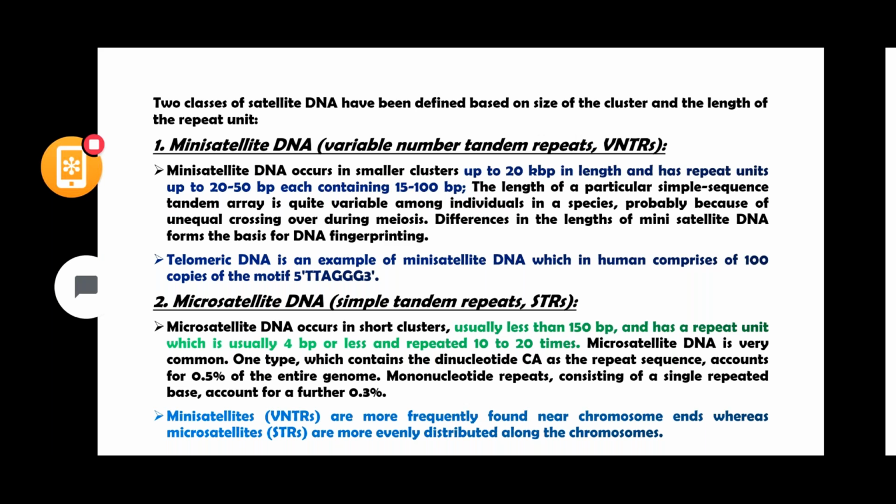So it is much smaller than the satellite DNA, and because of this reason, you can't see minisatellite and microsatellite in that density gradient centrifugation.